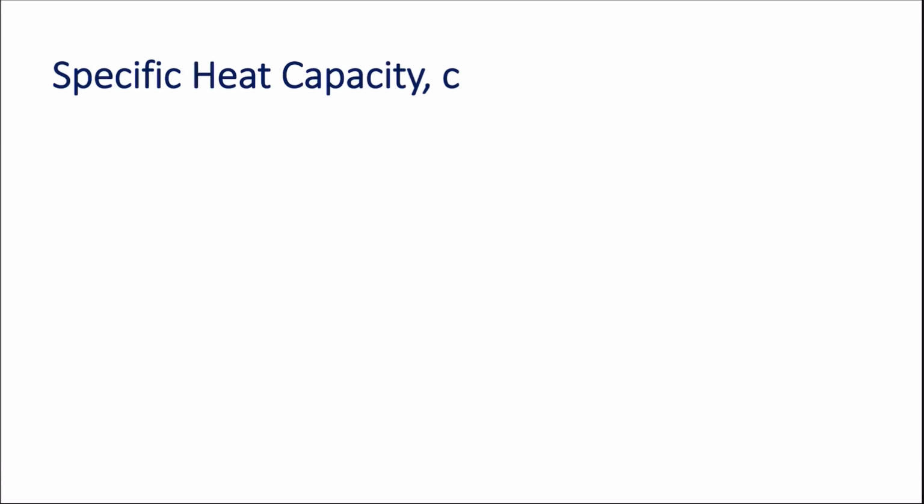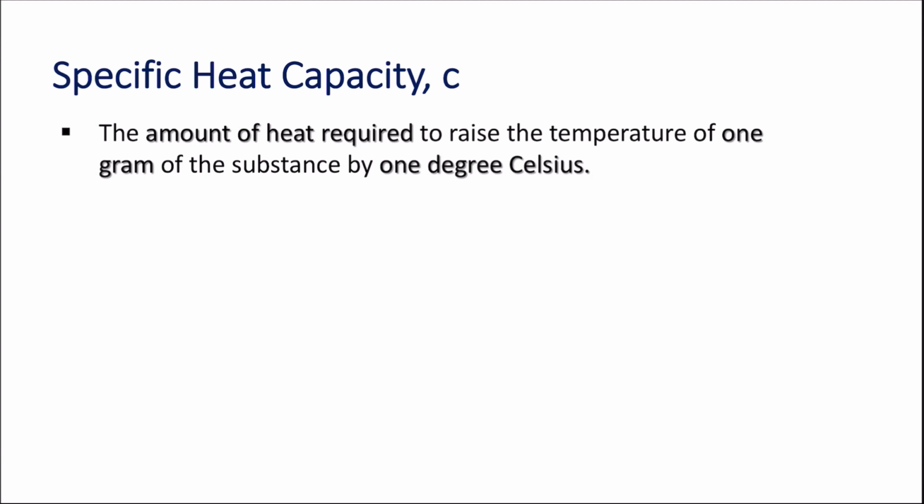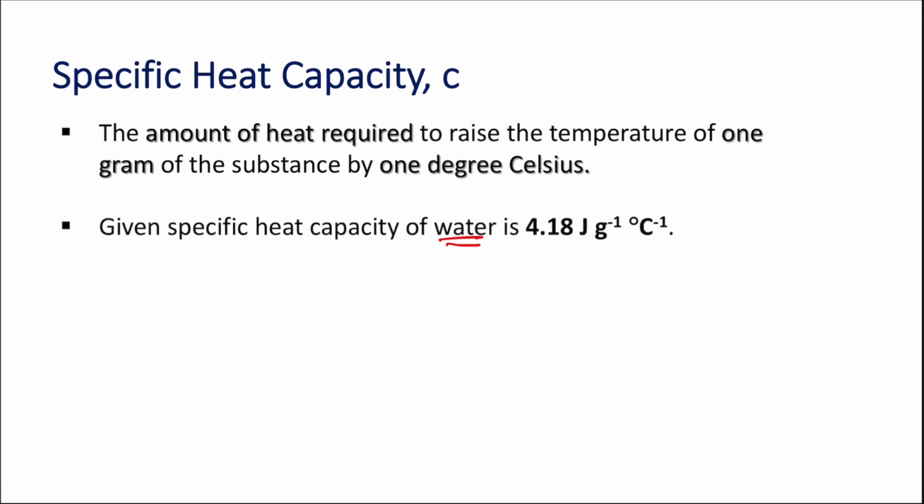Next one, kita belajar tentang specific heat capacity di mana ianya adalah amount of heat required to raise the temperature of 1 gram of substance by 1 degree Celsius. Dan there is a specific value for specific heat capacity of water. Untuk water ya, di mana nilai dia adalah 4.18 joule per gram per degree Celsius.